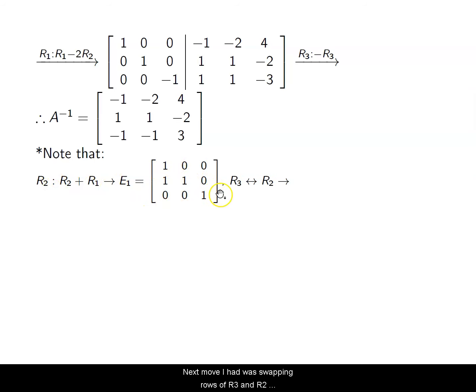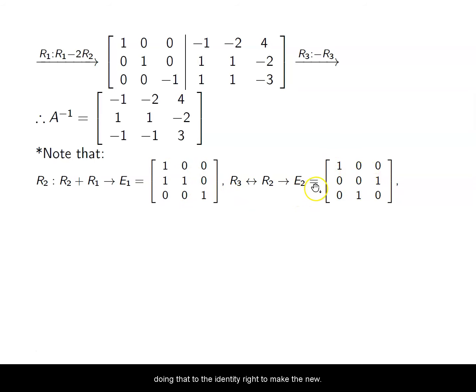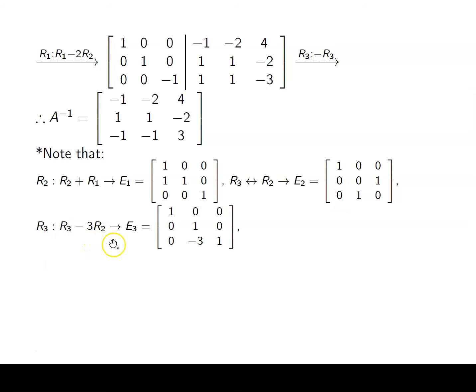The next move I had was swapping the rows R3 and R2. So I'm going to form the elementary matrix by swapping those two rows. I'm not doing that to this, I'm doing that to the identity, to make the new elementary matrix. The next move I did was R3 became R3 minus 3R2.